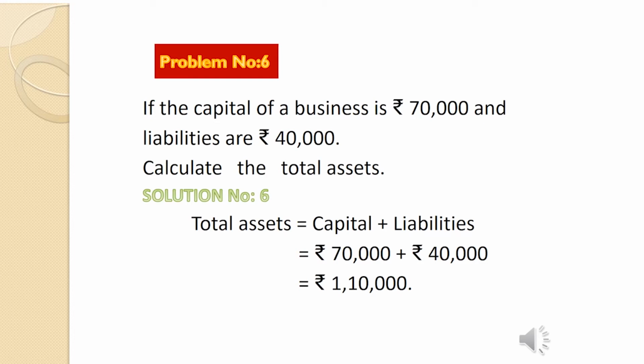What is the amount of capital? Capital is rupees 70,000. Liabilities is rupees 40,000. So 70,000 plus 40,000, 1,10,000. So the total assets is rupees 1,10,000. Okay.